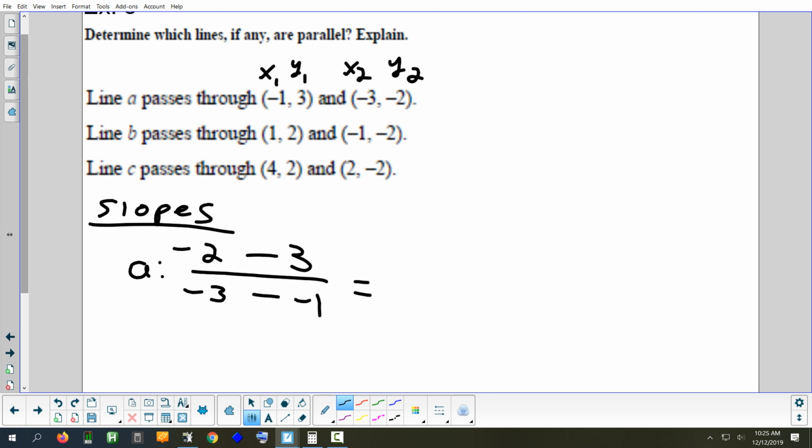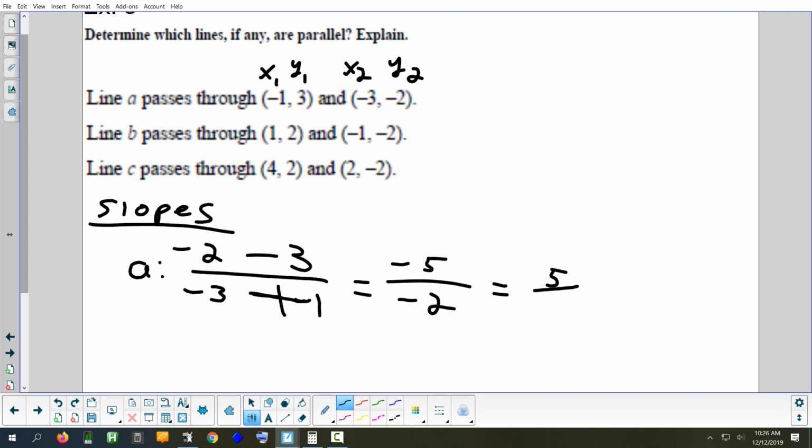Okay. So let's see what the slope is for line A. What's -2 minus 3? -5. How about -3 minus -1? This part becomes a positive. -2. Negative divided by a negative is a positive.